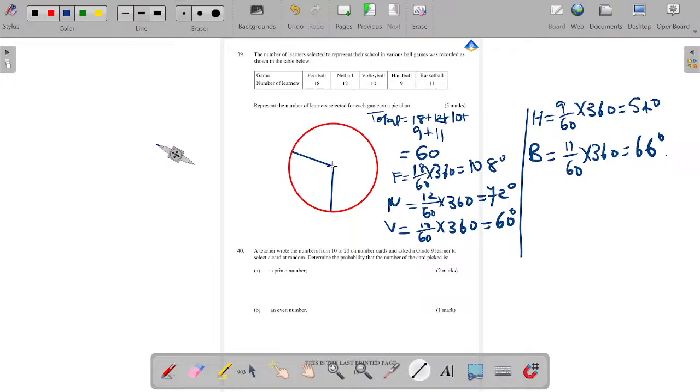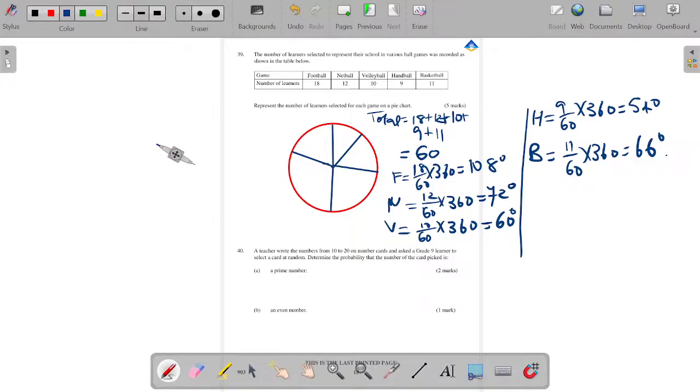Then I have 72. I have 60. I have 54. Then I have 66.